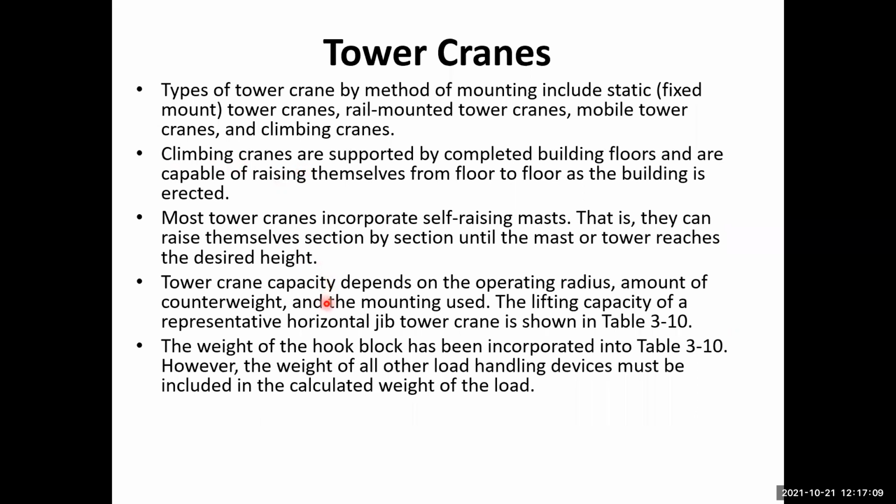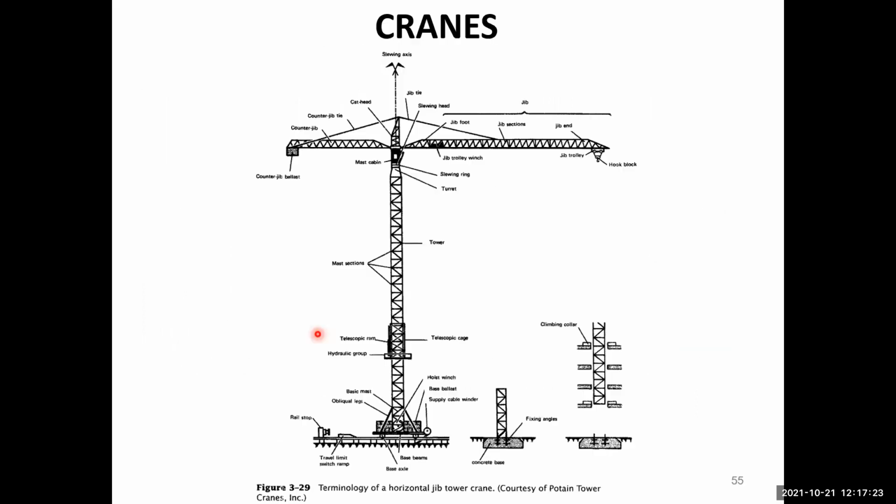The tower crane capacity depends on the operating radius, amount of counterweight, and the mounting used. The lifting capacity of a representative horizontal jib tower crane is shown in table 3.10. Some types of tables can be used to determine the lifting capacity of tower cranes.